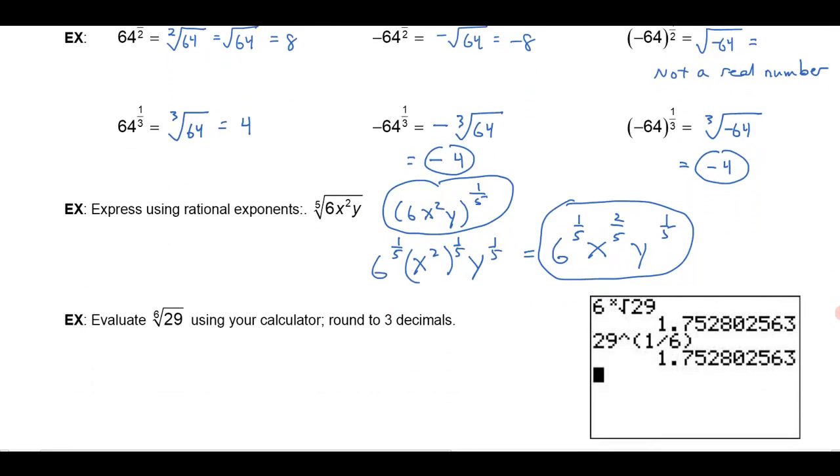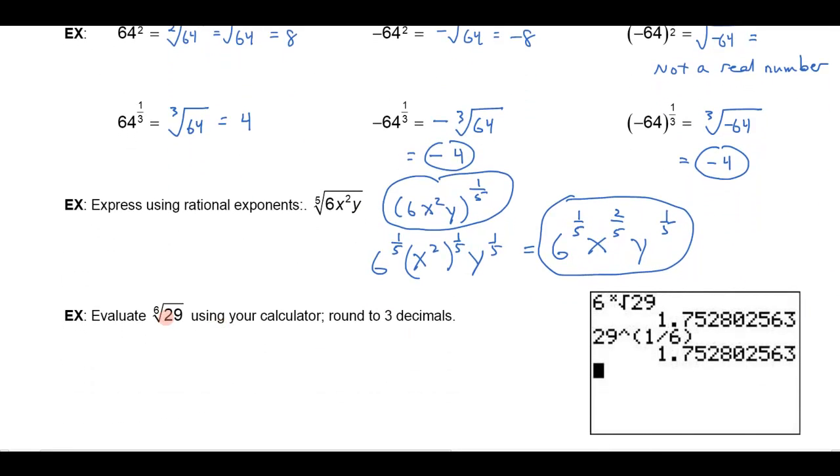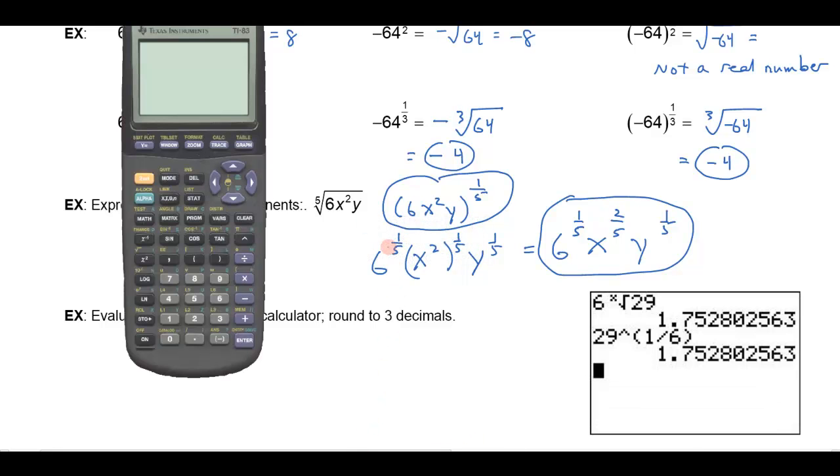Last problem here, if I wanted to evaluate the 6th root of 29 on my calculator, there are two ways to do that. I can use my xth root button. I'd put the number 6 in first, then go to the math menu, and under the number 5 there, that would be the xth root.